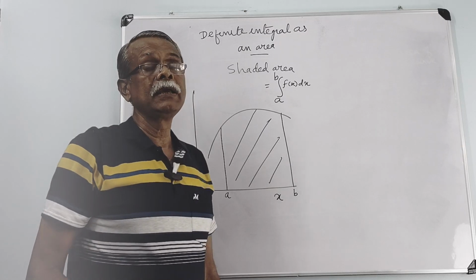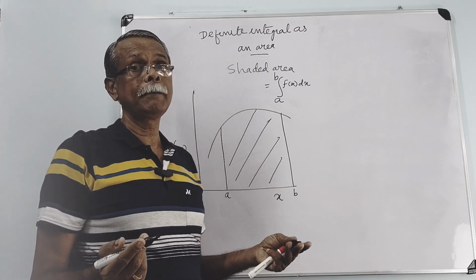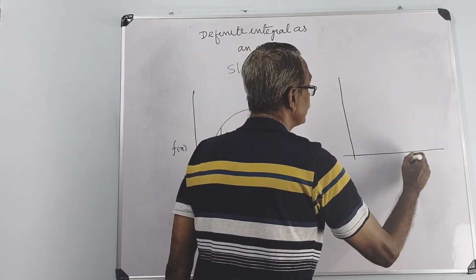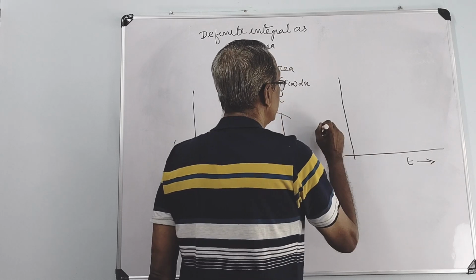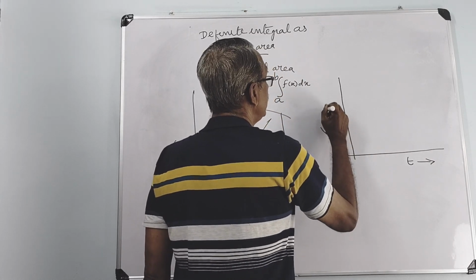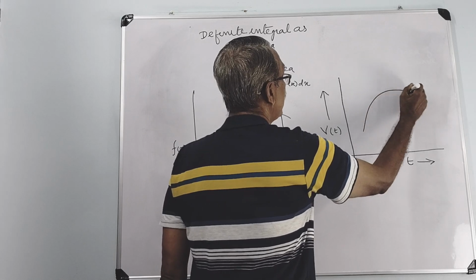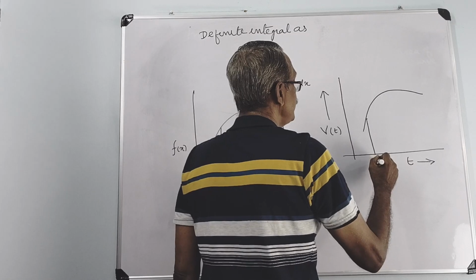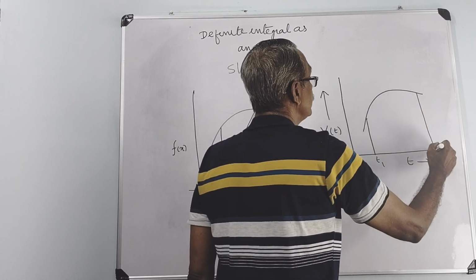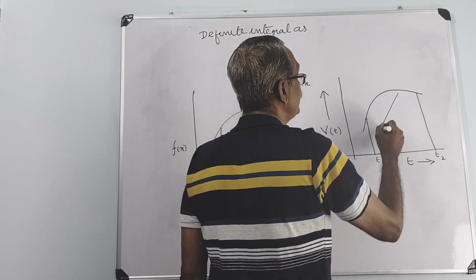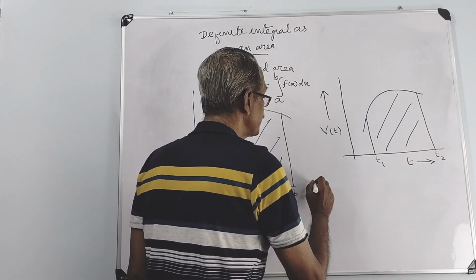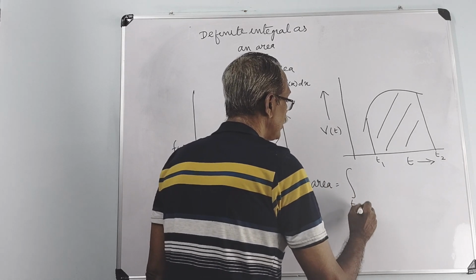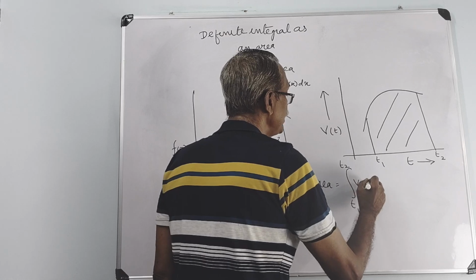If we are taking a velocity function plotted with time, imagine that we have a graph like this. Time is taken in this direction, velocity as a function of time in this direction, and I got a graph like this. This is t1, this is t2. And this area, according to our definition, is equal to the integral t1 to t2 v dt.